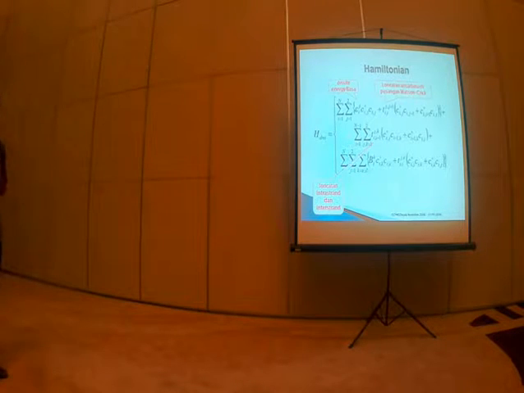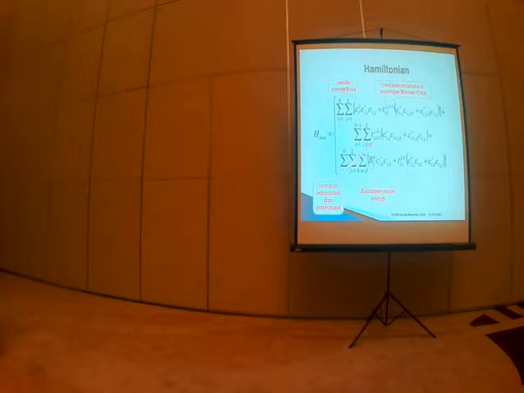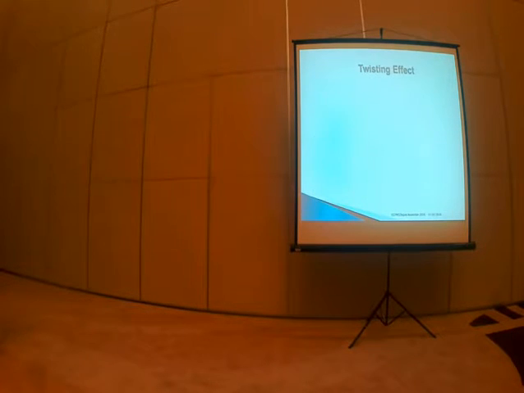This term represents that an electron can hop from one base to the nearest backbone. Oh sorry, this is the on-site energy of the backbone, and this represents the electron hopping from backbone to the nearest base or vice versa.